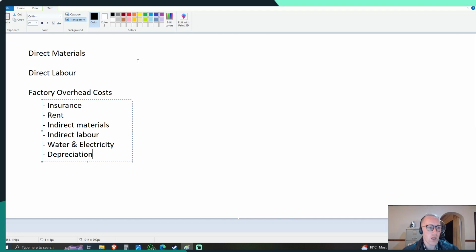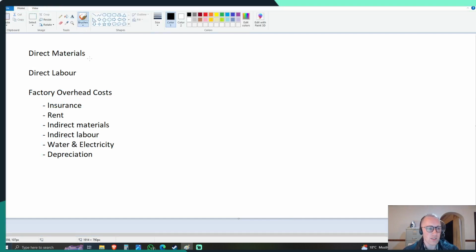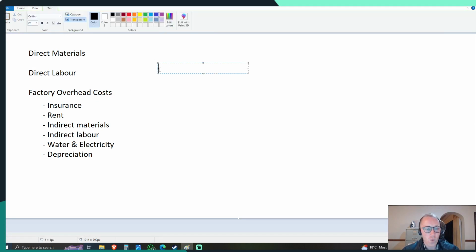So, now that we have our direct material cost, our direct labor cost, and our factory overhead cost, we can now work out the finished good cost? No, not yet. First, we can work out our work-in-progress amount.